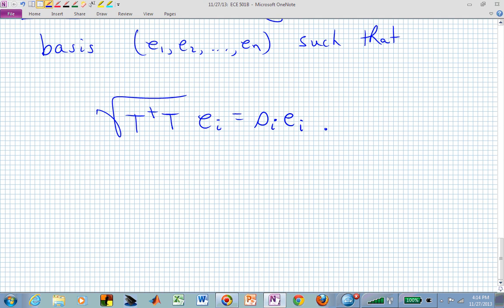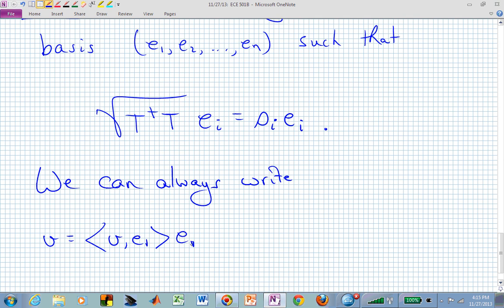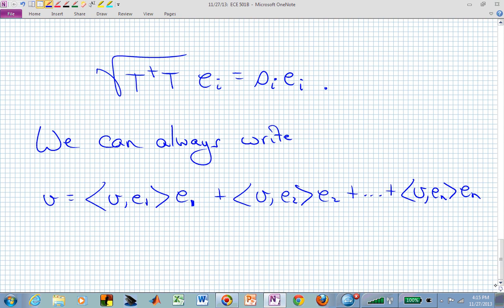Once we have that, then given any vector v, we can decompose that vector v in terms of this orthonormal set of basis vectors, e sub 1 through e sub n. Meaning now we can always write any vector v as <v, e1> scaling e1 plus <v, e2> scaling e2, etc., all the way to <v, en> scaling en.